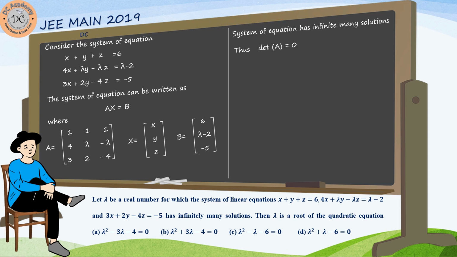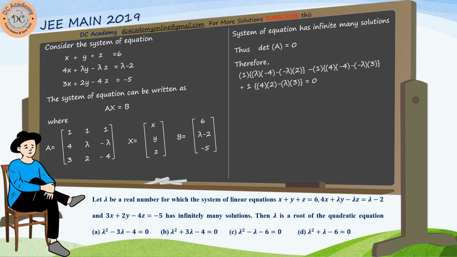If we expand it along the first row, we get 1 into (lambda into minus 4 minus 2 into minus lambda), then minus 1 into (4 into minus 4 minus lambda into 3), plus 1 into (4 into 2 minus 3 into lambda). Very simple expansion.